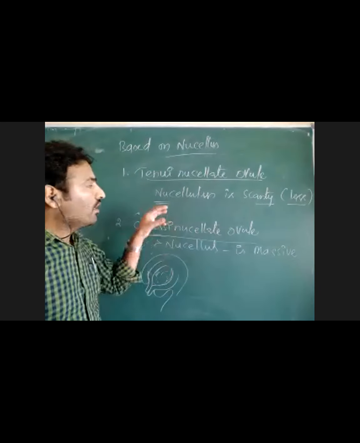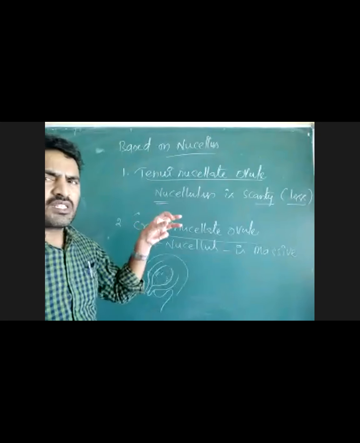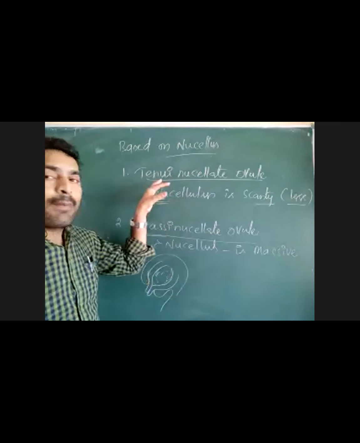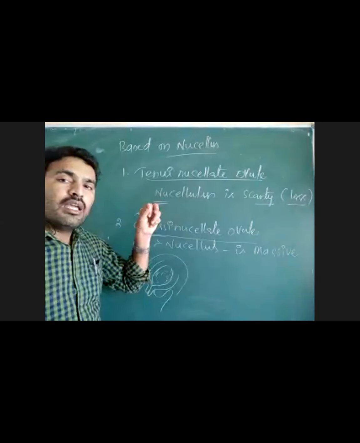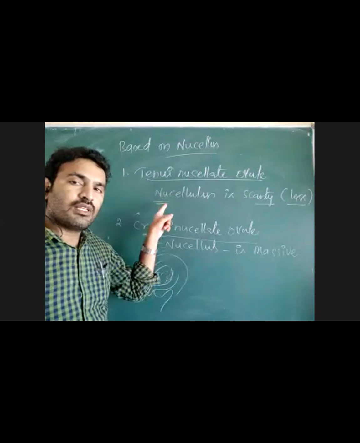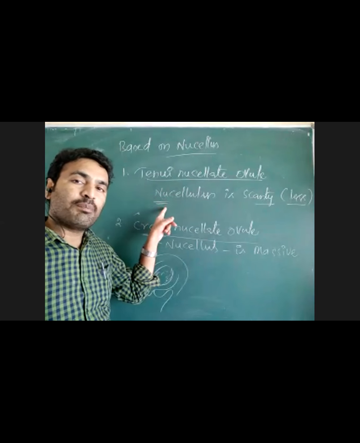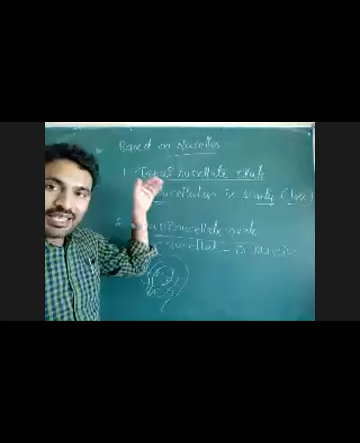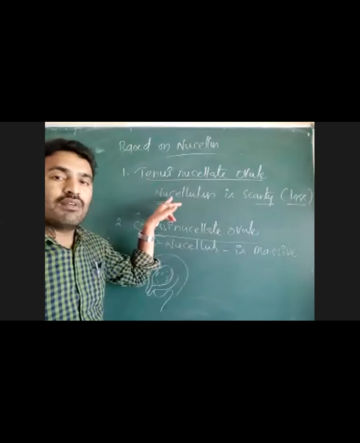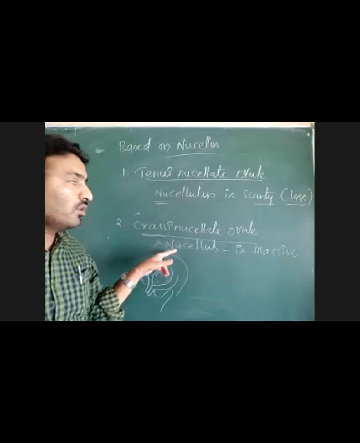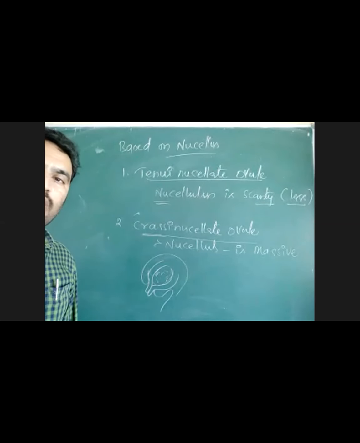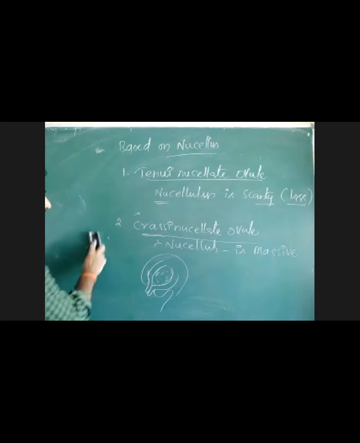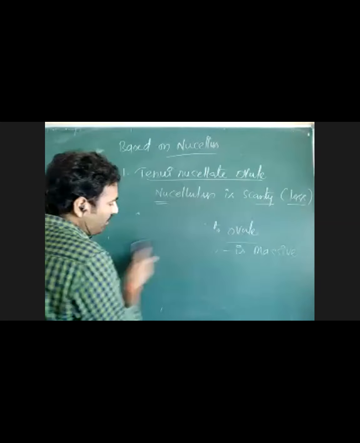In one plant, especially in Gamopetalae members, where nucellus is not well developed, that ovule is called tenuinucellate. In the same plant, if nucellus is well developed, the ovule is crassinucellate. So tenuinucellate or crassinucellate is based on the amount of nucellus present in that ovule.